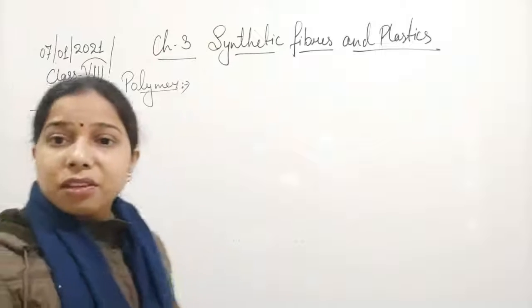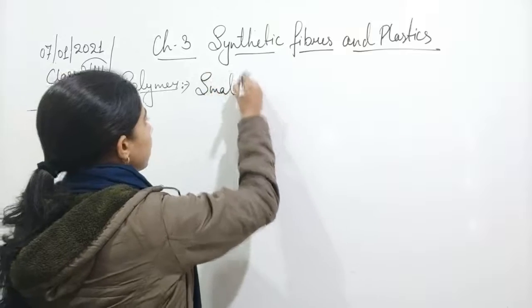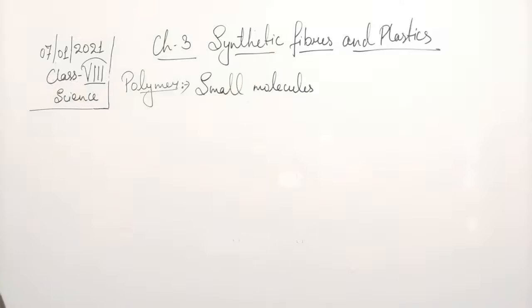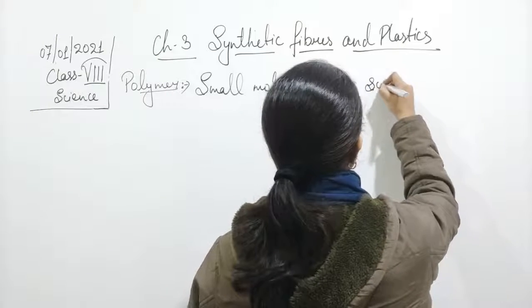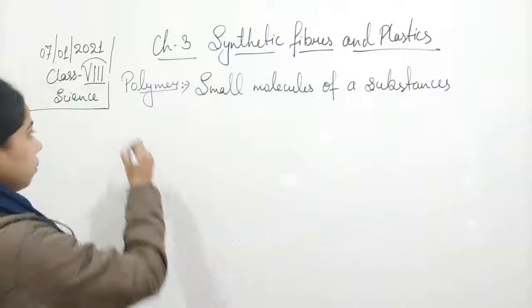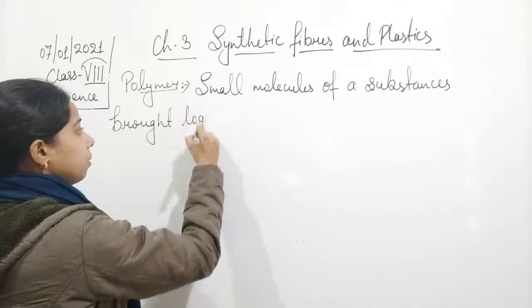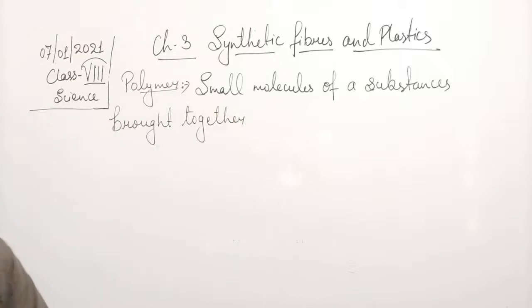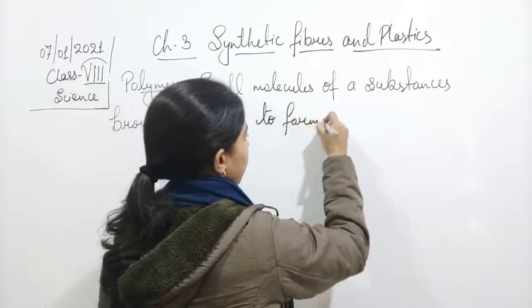So we can write the definition of a polymer: small molecules of a substance are brought together to form a large molecule.